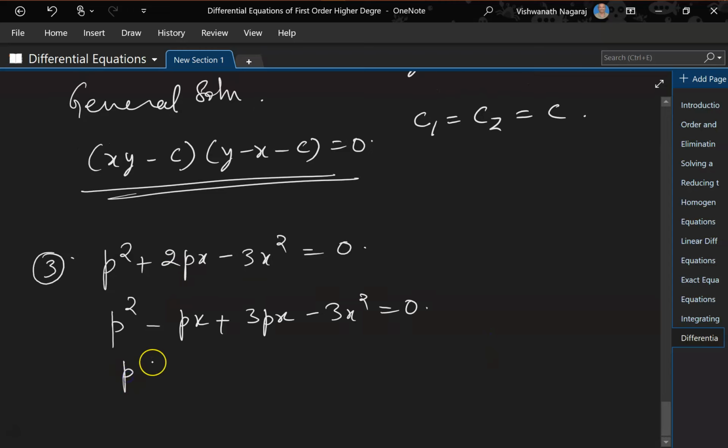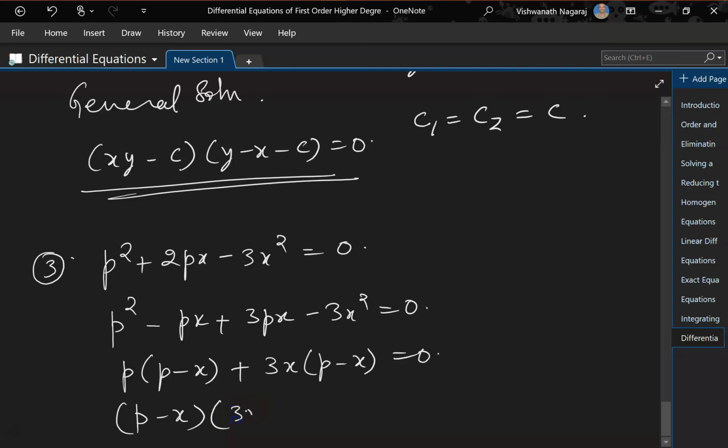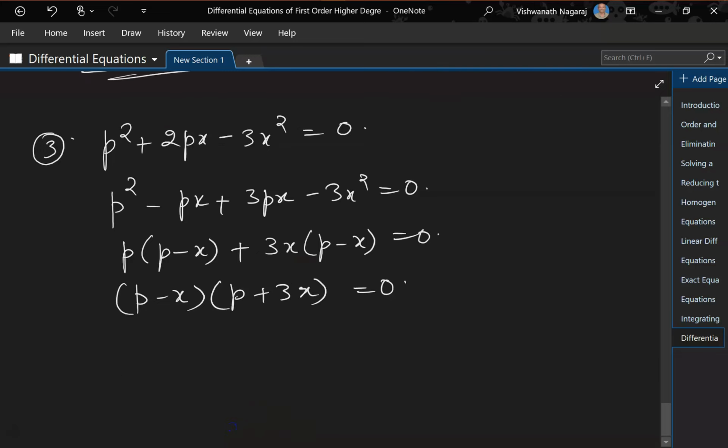Okay, so now we take out common. p minus x plus 3x times p minus x is equal to 0. p minus x times p plus 3x. So this part you can treat as pure algebra, the factorization part. Now we can write this as p minus x equal to 0, p plus 3x is equal to 0.